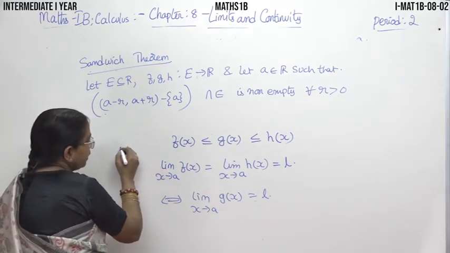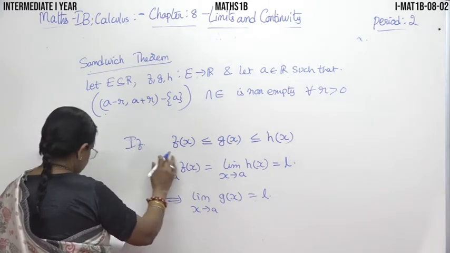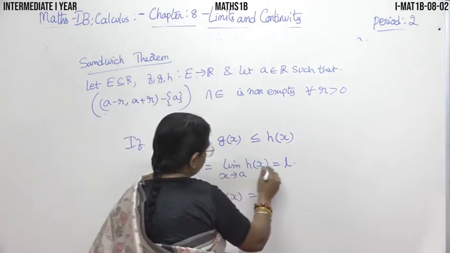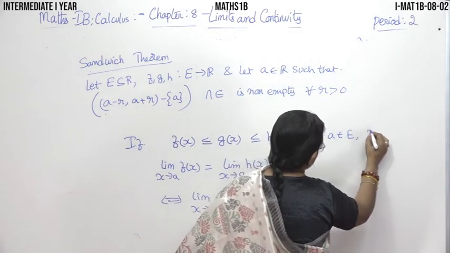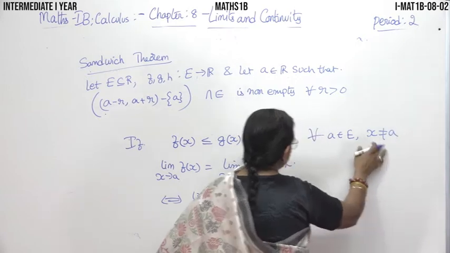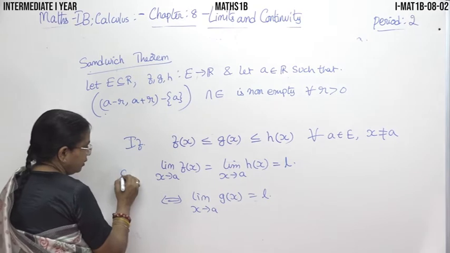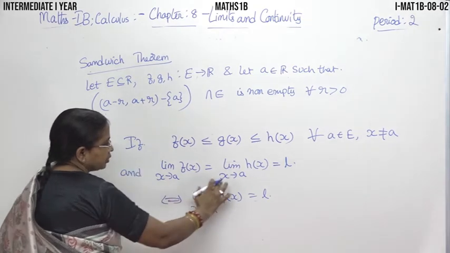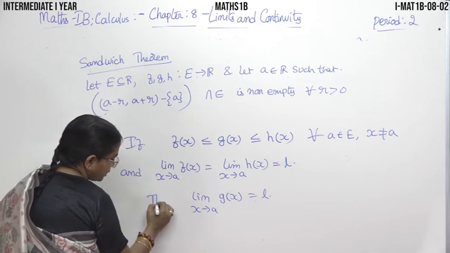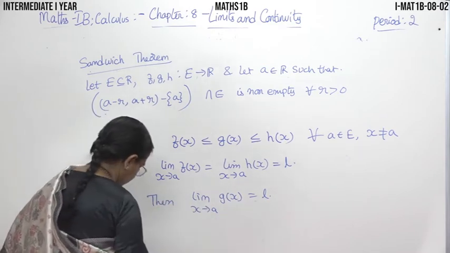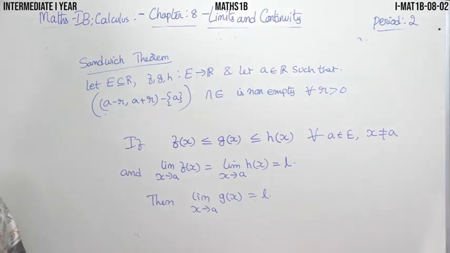Then suppose that f of x is less than or equal to g of x for all x in E, and x not equal to A, because it is in the deleted neighborhood. And suppose that these two limits are equal, then limit x tending to A of g of x is equal to L. This is called the sandwich theorem.